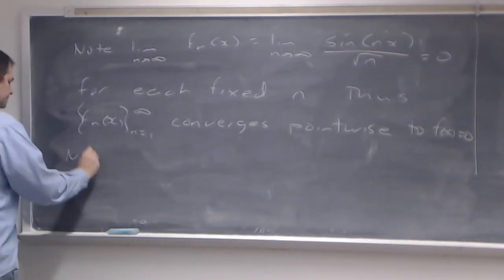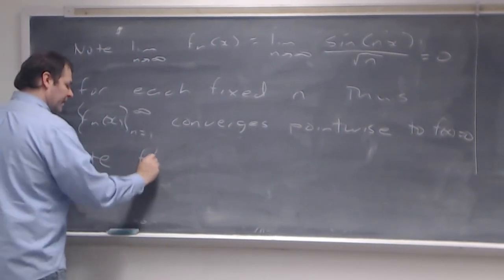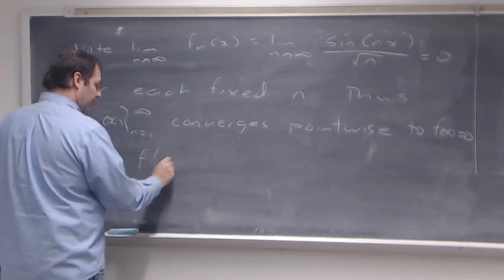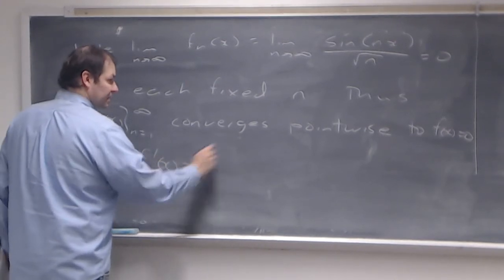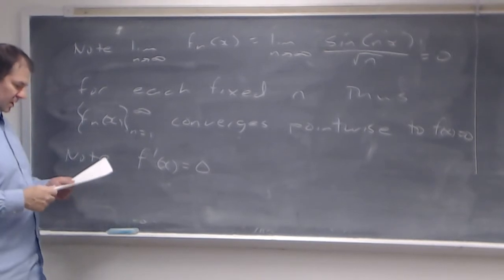Now, note that if you take the derivative, f prime of x, you're going to get 0, because the derivative of 0 is 0.